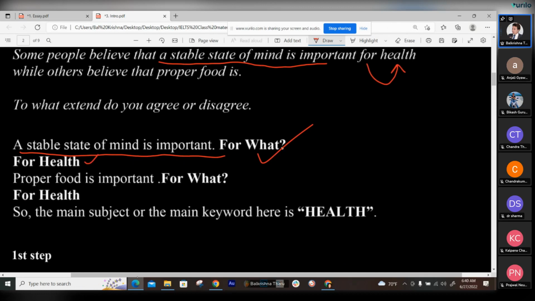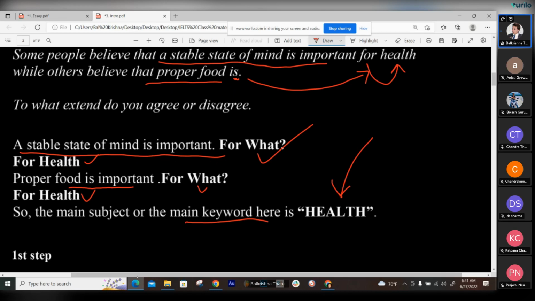Proper food is important. For what? For health. So the main subject or the main keyword here is health. Why?